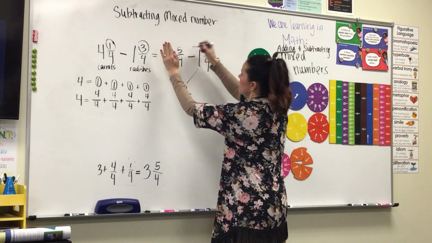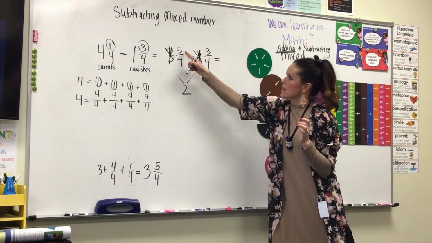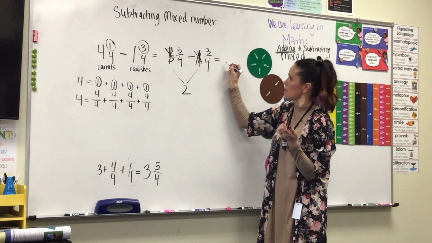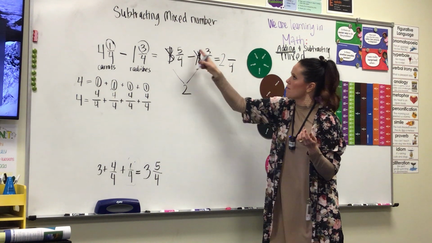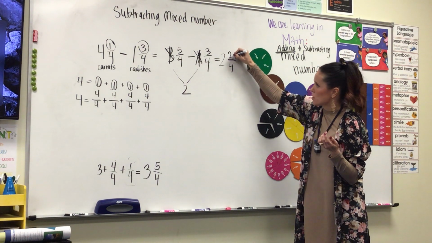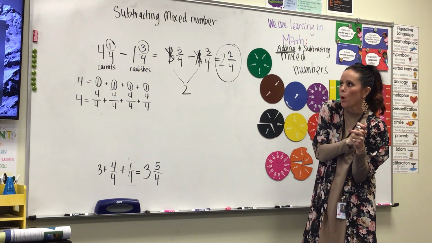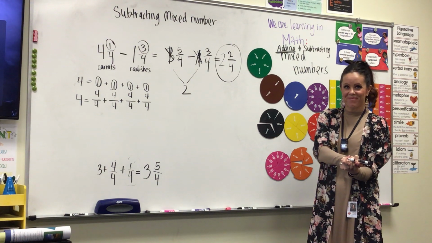And so I already solved these. I'm just going to scratch them out. Now I have this fraction to figure out, and I'm going to subtract the fraction. So what do I make the denominator? A 4. And 5 minus 3 is what? 2. So 2 and 2 fourths is the answer for how many more carrots I have available than radishes. Good stop.